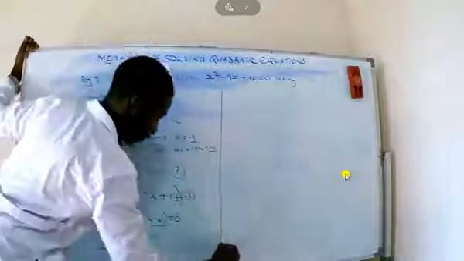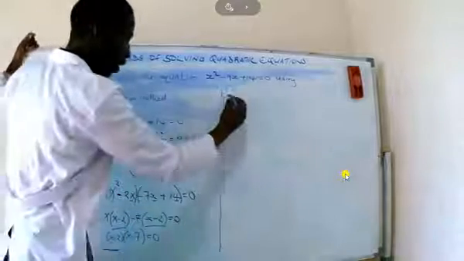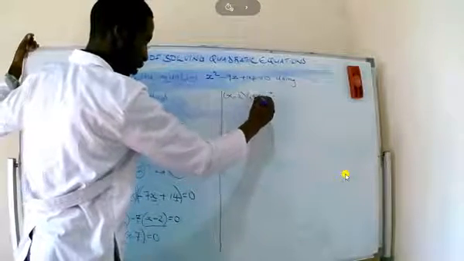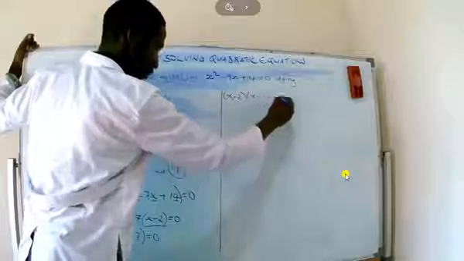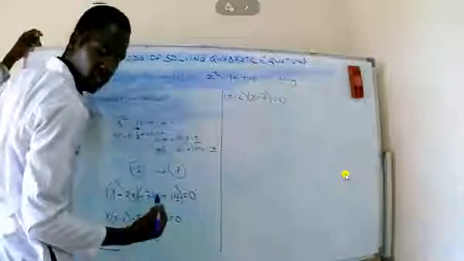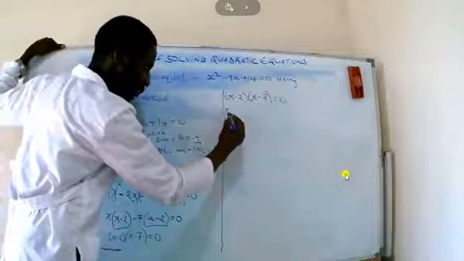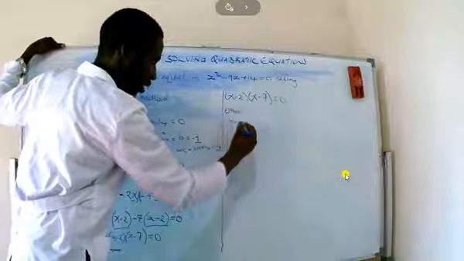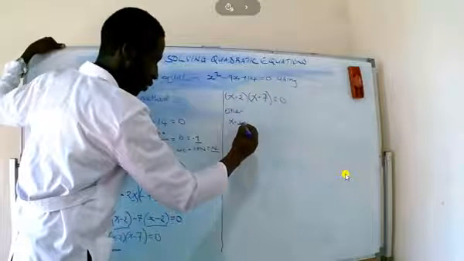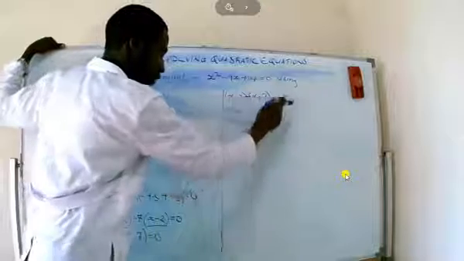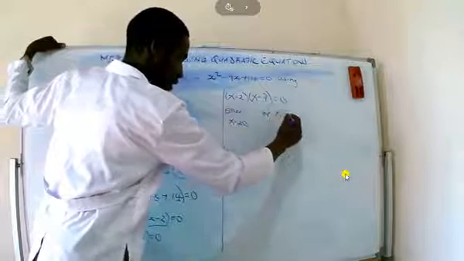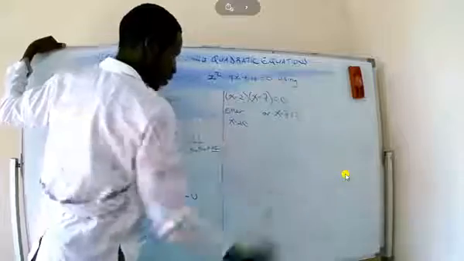Good. So we have x minus 2 times x minus 7 equal to 0. At this point, we say either x minus 2 equals 0, the first bracket equals 0, or the second bracket, x minus 7, equals 0.